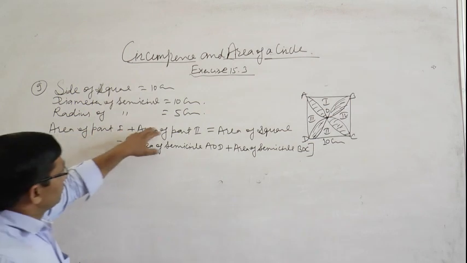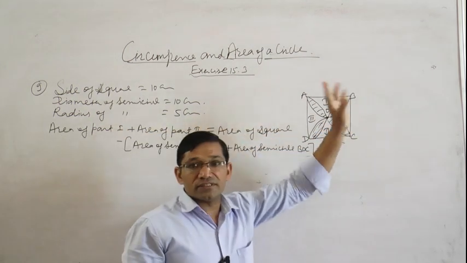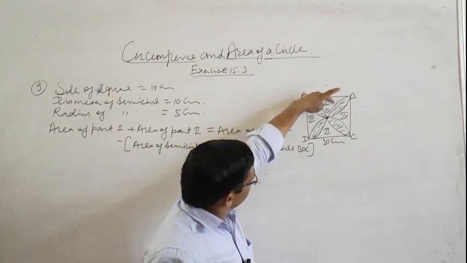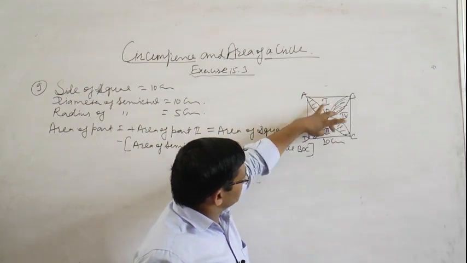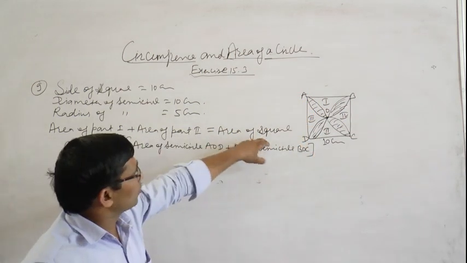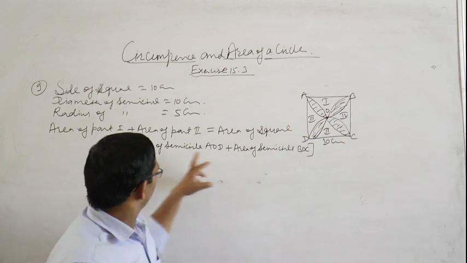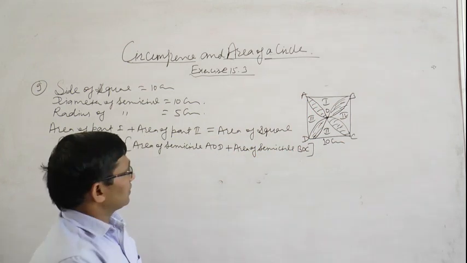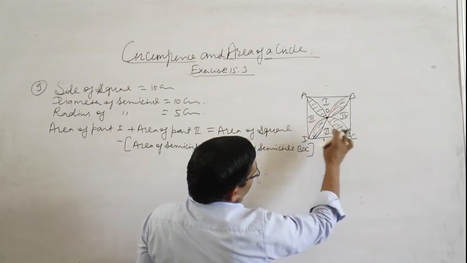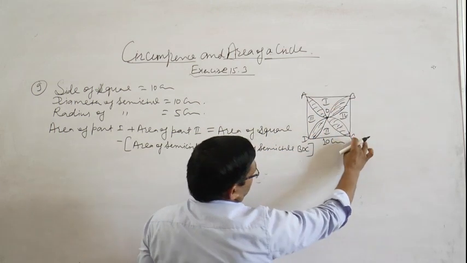It means first we find out area of unshaded part first plus second. Part first plus second is equal to area of square minus area of semicircle AOD and semicircle BOC.